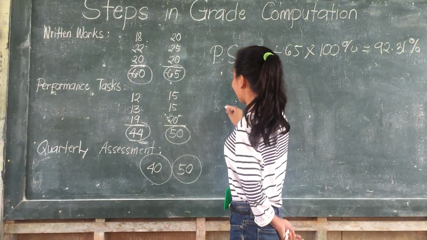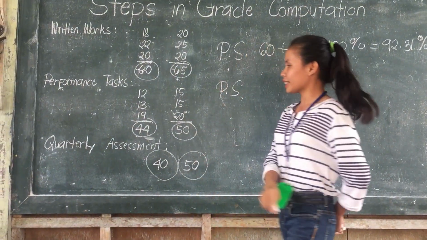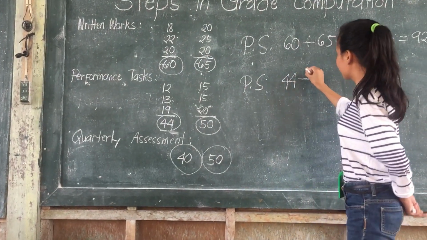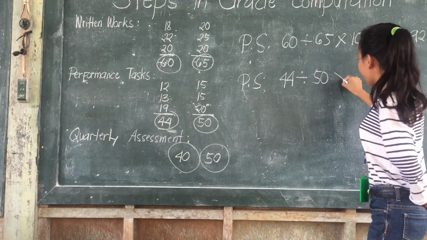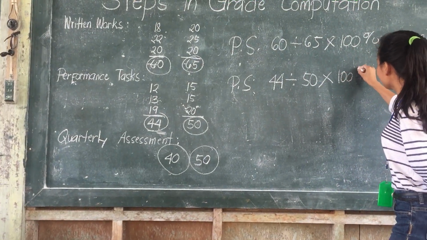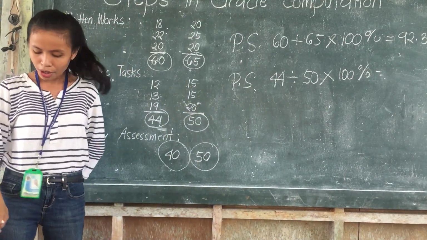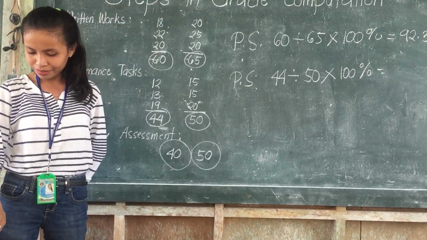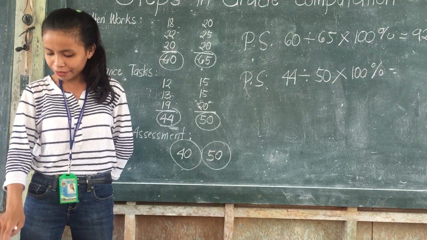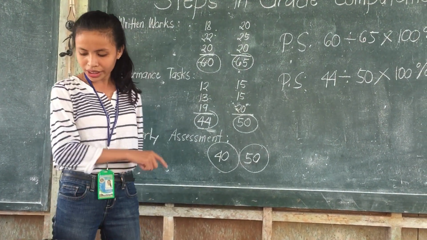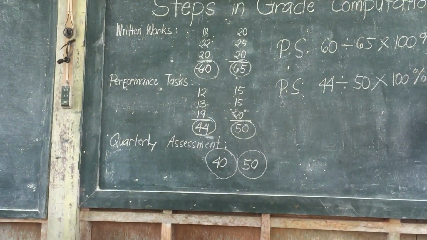In performance task, let's divide 44 by 50 and multiply it by 100%. It has an answer of 44 divided by 50 times 100 equals 88%.